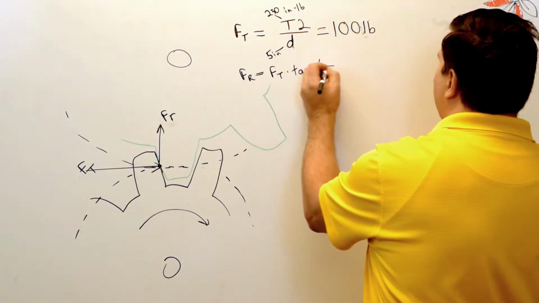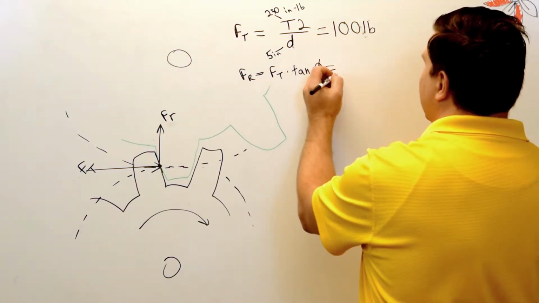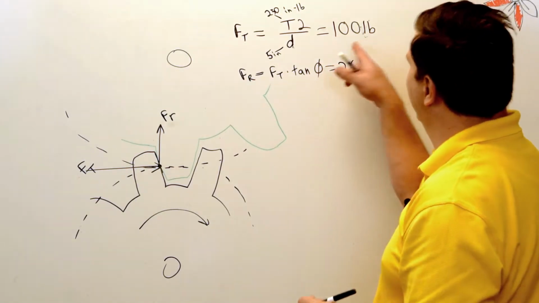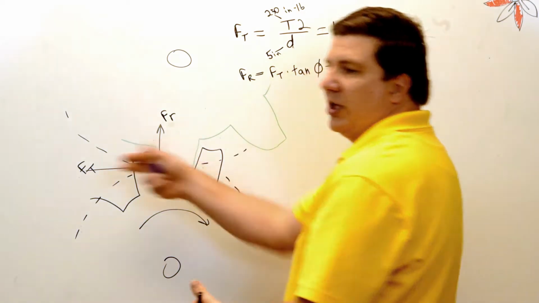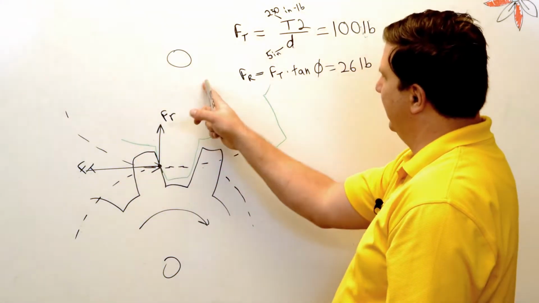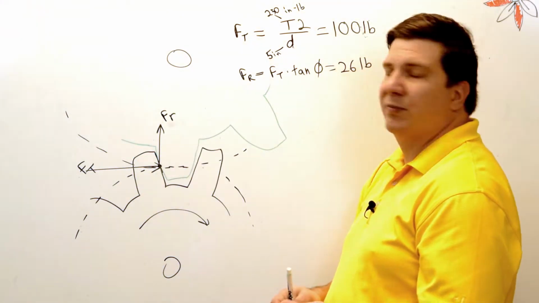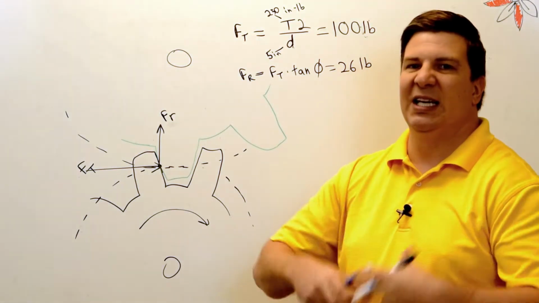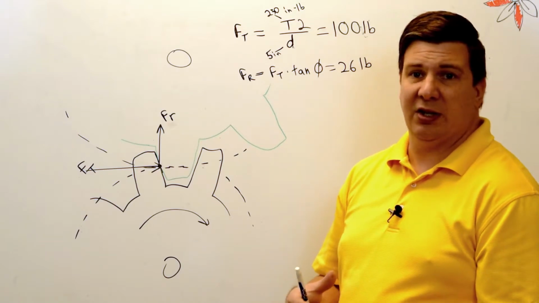All right, and if my math serves me correctly, we will get 26 pounds. All right, so for every 100 pounds that I'm actually transmitting from this gear to this gear, I'm getting 26 pounds pushing away. So you can already see that there are some inefficiencies here.